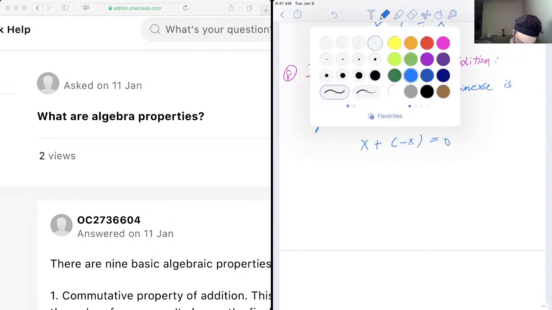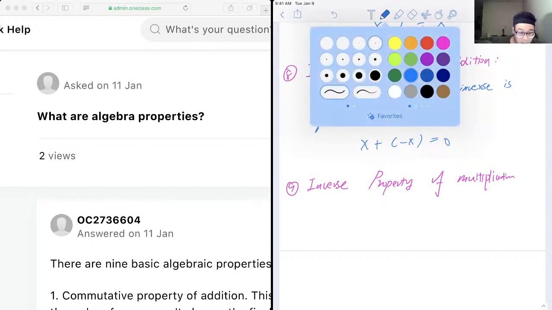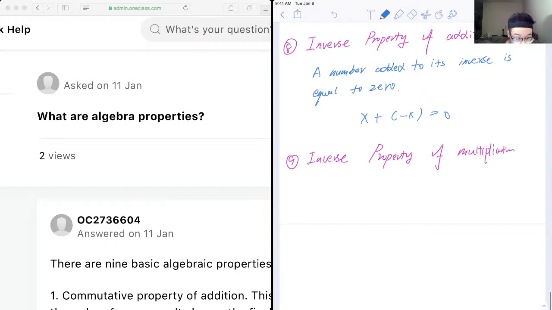And the last one, we have the inverse property of multiplication. Okay, and this is given by a number multiplied by its inverse is equal to 1.